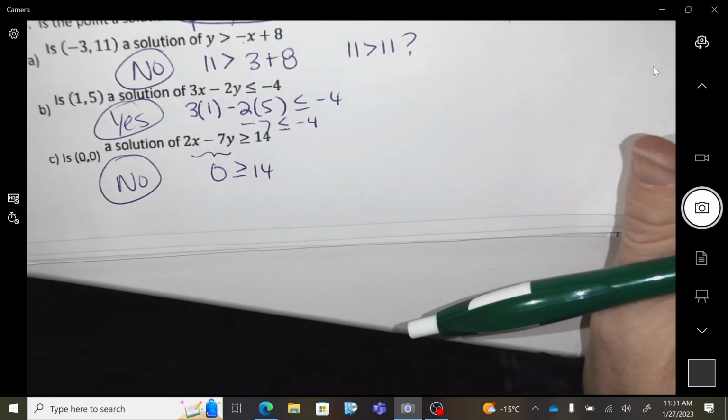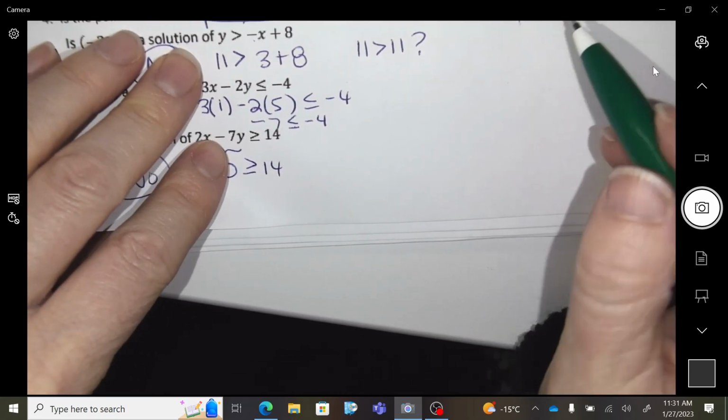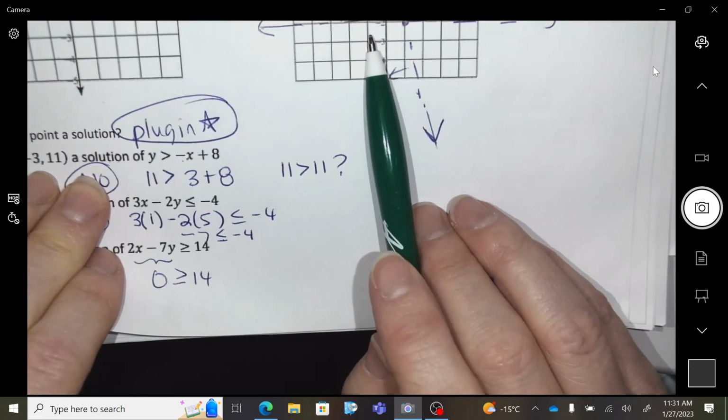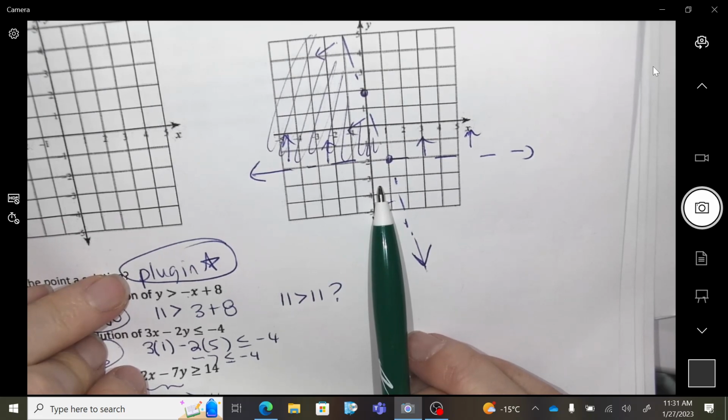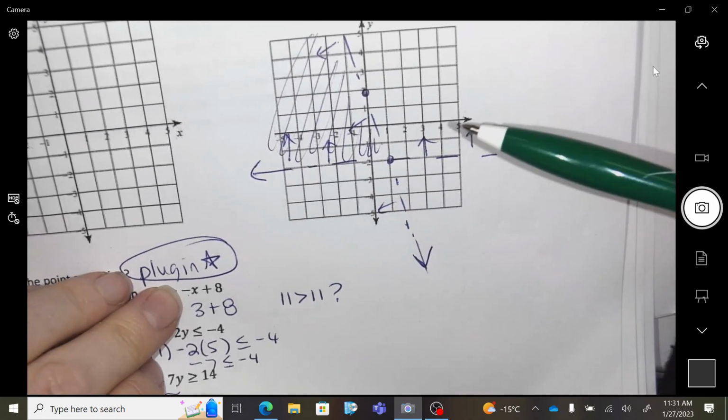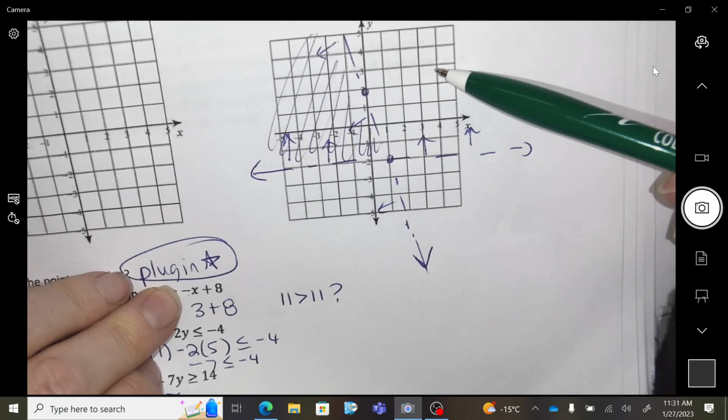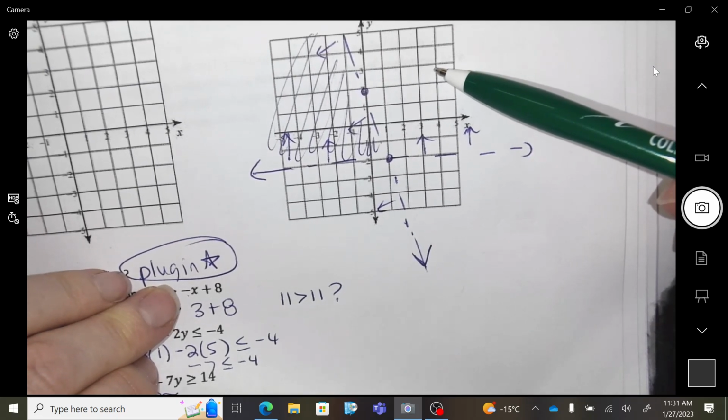Okay? If I did give you a visual, like this, if I asked you, is the coordinate 4, 3 a solution? 4, 3 is not a solution, right?